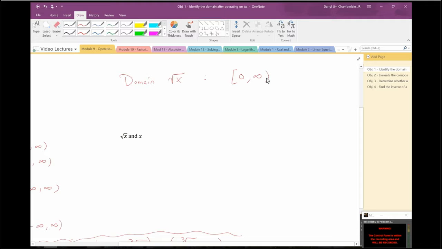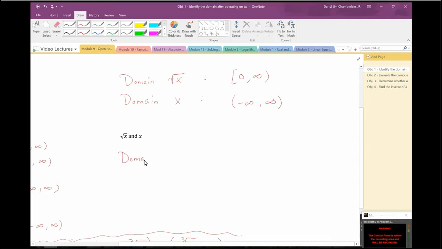Remember, this is just whatever makes the radicand 0 and larger. And the domain of x is everything, negative infinity to infinity. So now we get to see what happens when these two functions mix.